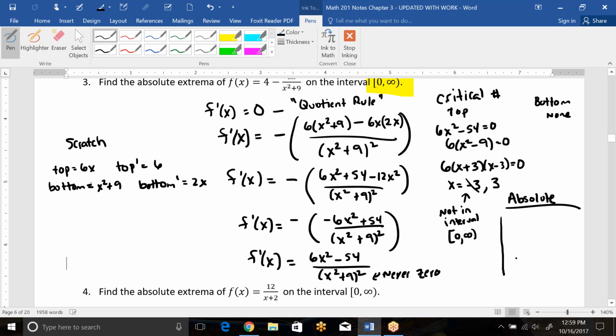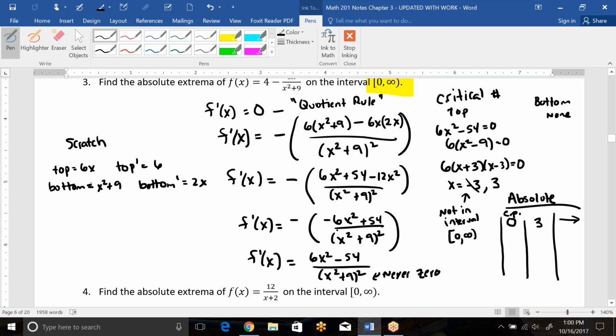You just make a column for each thing. The endpoint is always first. So this is 0, that's an endpoint. Then any critical values that come between it and the end, so that would be 3. And then because this goes on to infinity, going on forever, we don't really know what's going on out there because it's going to infinity.